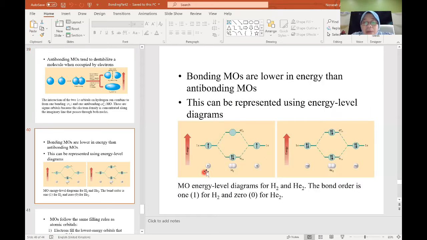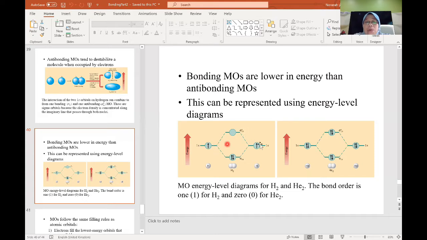Let's say we have hydrogen. This hydrogen contributes 1 electron and this hydrogen contributes 1 electron. According to this series of molecular orbitals, you have sigma 1s, sigma star 1s, and so on.